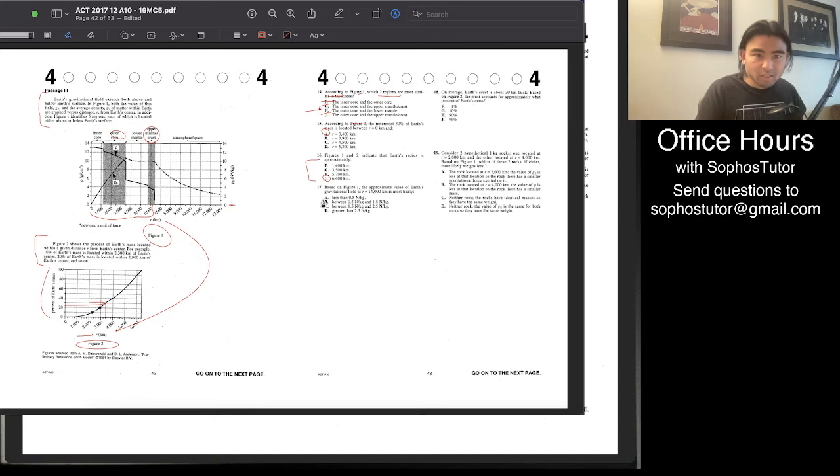Okay? So at 14,000, what do we expect outside of the chart? Well, there's a standing rule that any patterns that are established in the chart are probably going to continue outside of the chart.